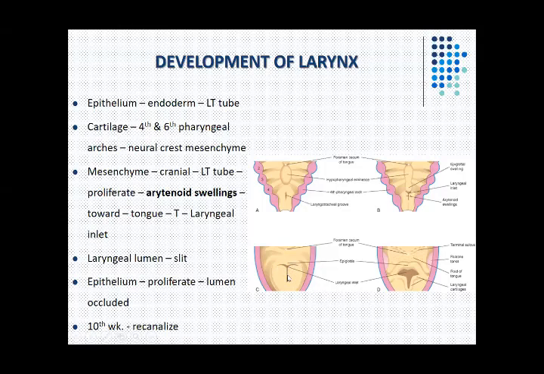Now, the swellings that develop at the cranial end are called arytenoid swellings. These swellings developed by proliferation of mesenchyme at the cranial end of the laryngotracheal tube, and they are called arytenoid swellings.